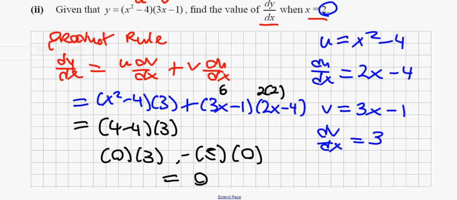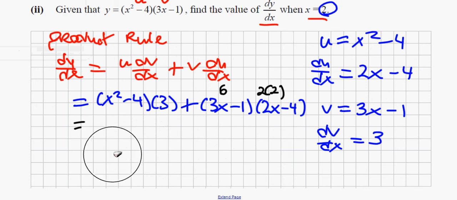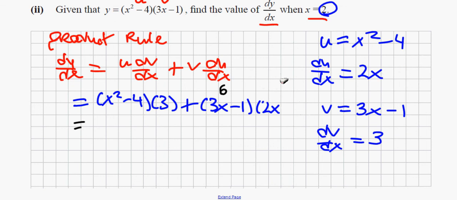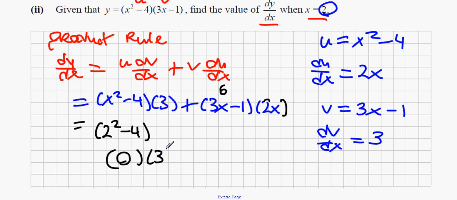Sorry, excuse me, there was one mistake made in this question here. When you differentiate the x squared minus 4, you get 2x. So it's actually 2x, right? And as stated before, 2 squared minus 4 is 0. 0 times 3 is still 0.